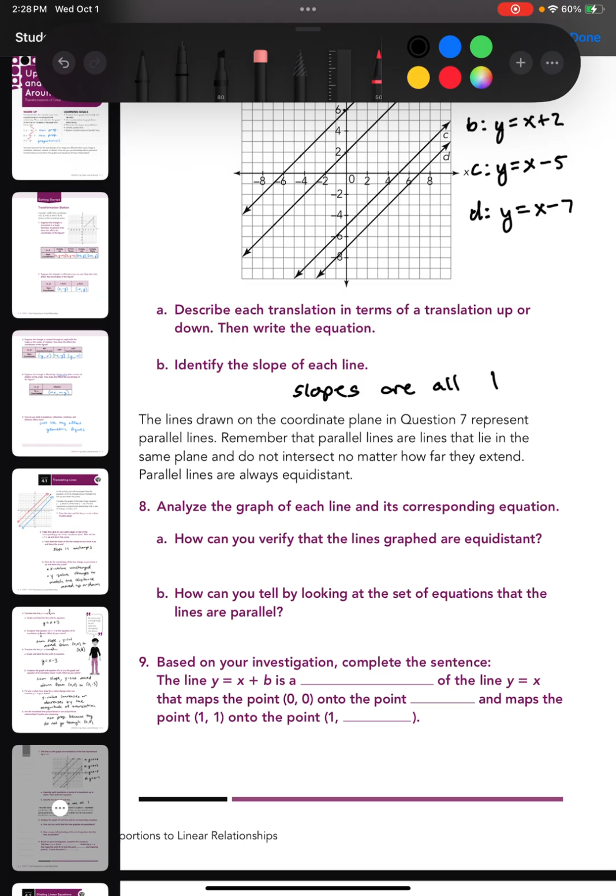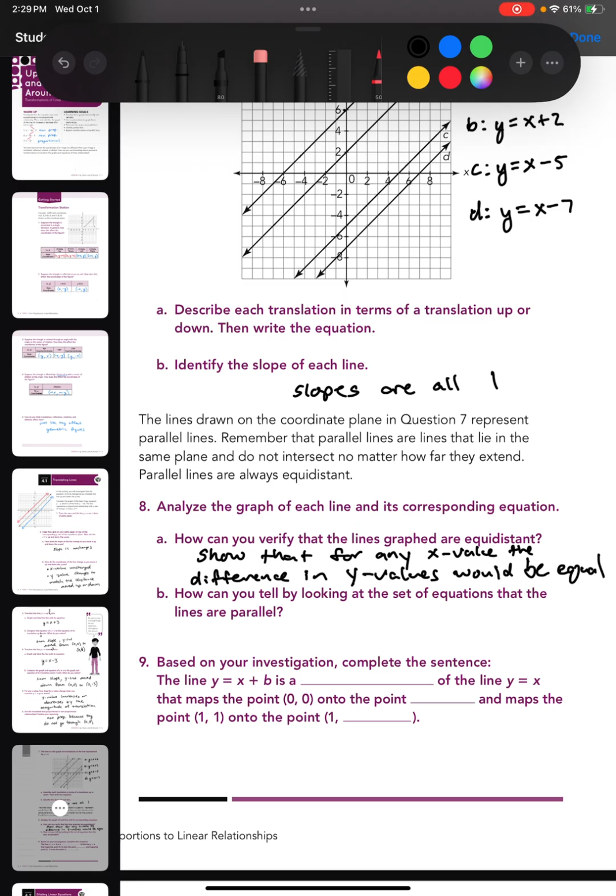So 8 wants us to analyze the graph of each line and its corresponding equation. How can you verify the lines are equidistant? You can show that for any given x value, the difference in y values would be the same, so would be equal.